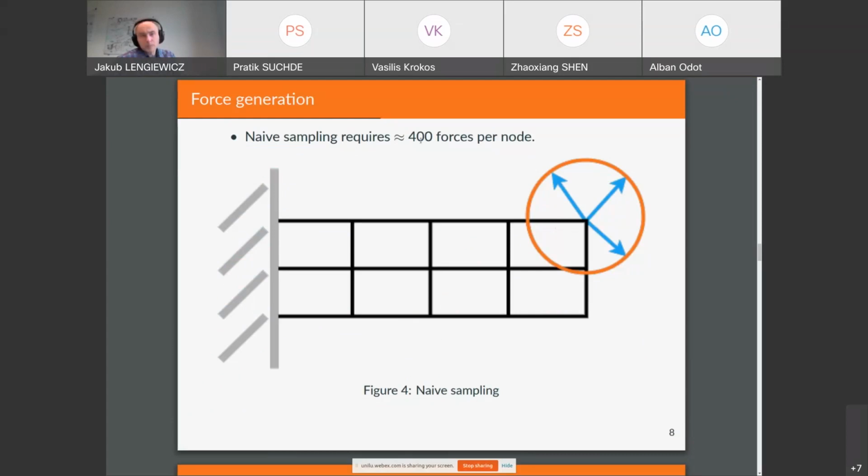And this is only considering one node at a time. If you want to apply forces on couples of nodes, it grows way too big to be computed.